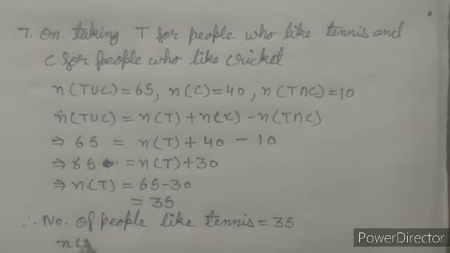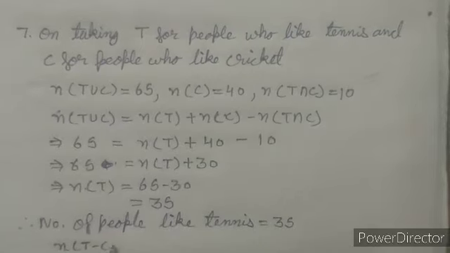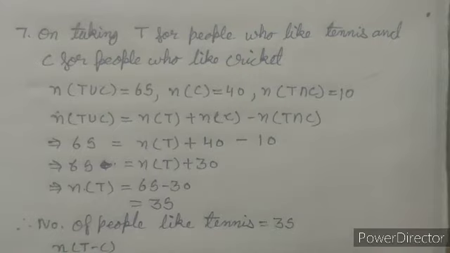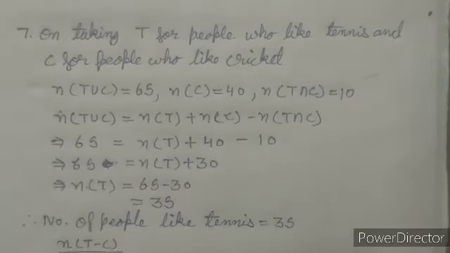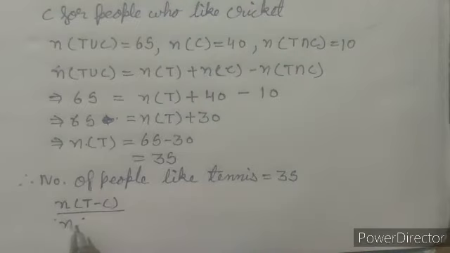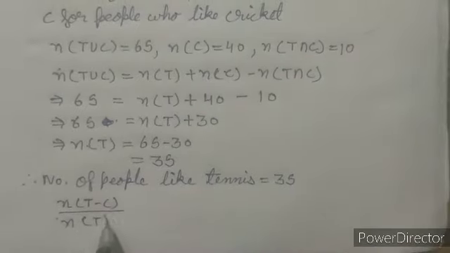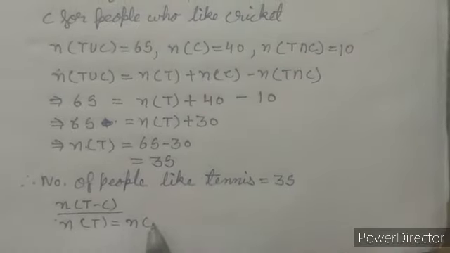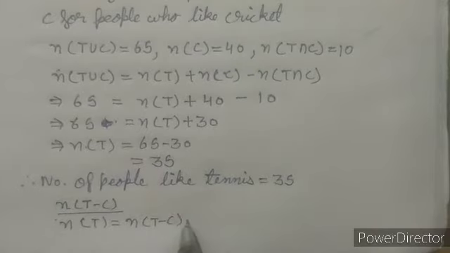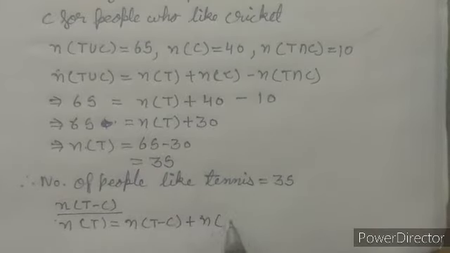That means we have to find n(T minus C). Now n(T) is equal to n(T minus C) plus n(T intersection C).